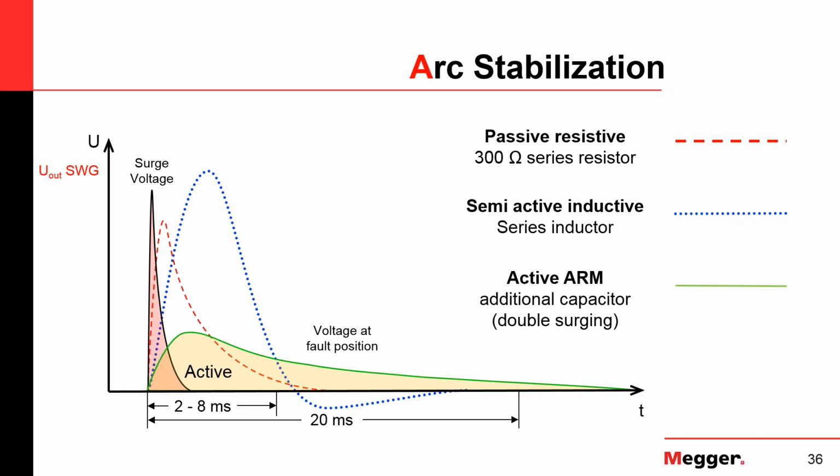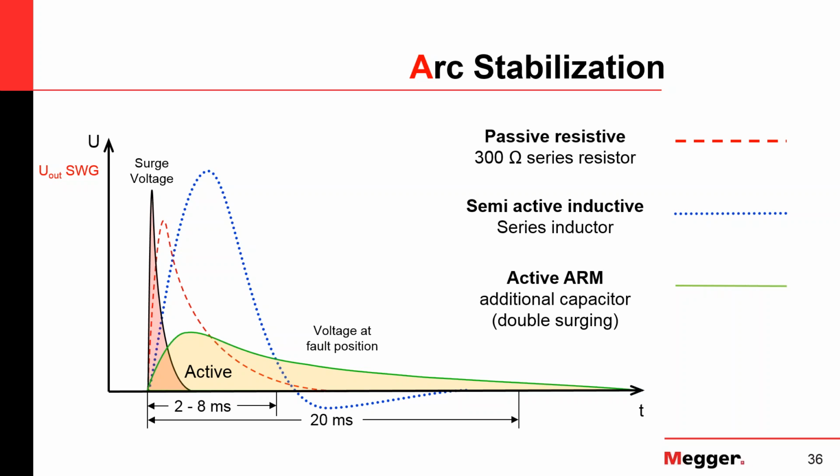With the resistive filter, you're already extending the time. Then you have a semi-active way of doing that, with a coil, an inductor, which already extends the time the arc is present at the fault. And then you have a technique where you actually discharge an additional capacitor on top of your main capacitor, and that would be considered active.